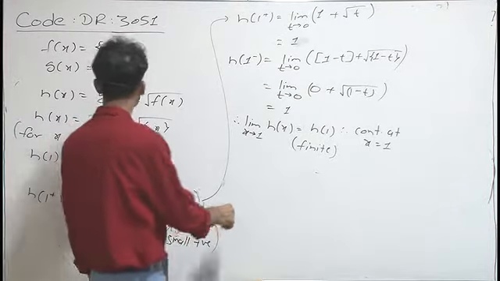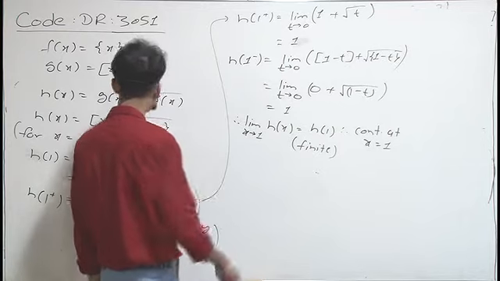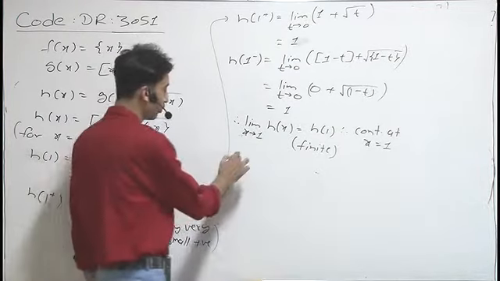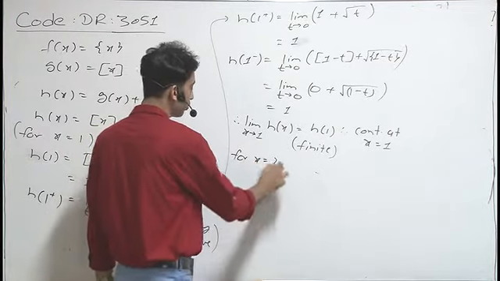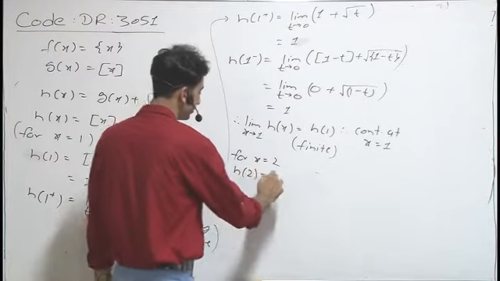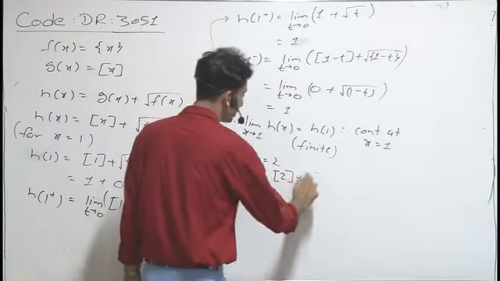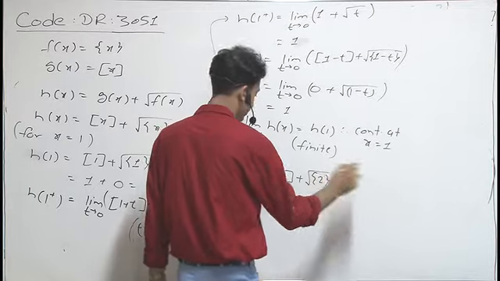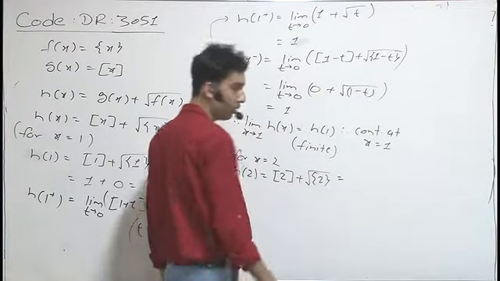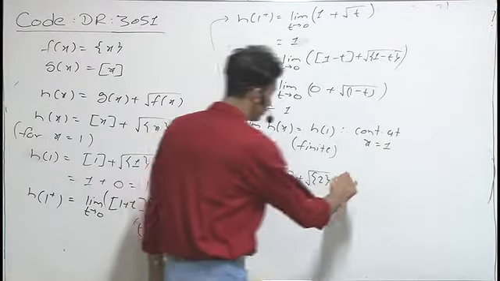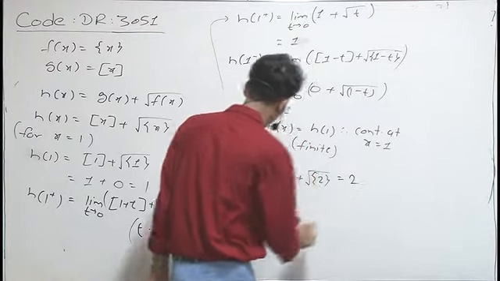Now we'll go for continuity of hx at x equal to 2. For x equal to 2, h2 means box of 2 plus under root fractional part of 2. Therefore, we will get 2.